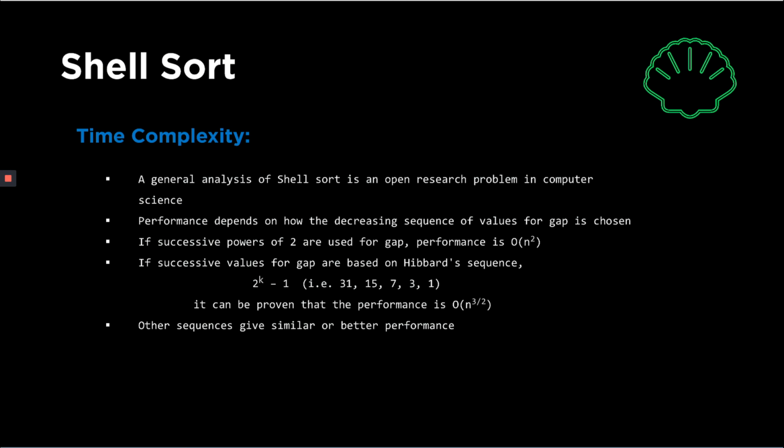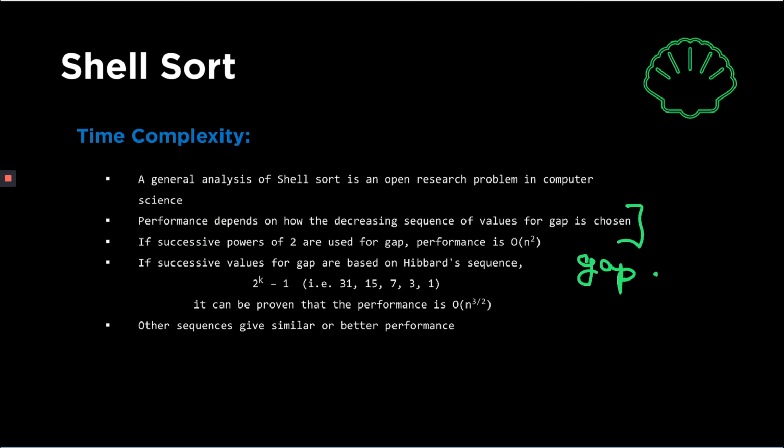The general analysis of shell sort is an open research problem in computer science. As I just discussed, the analysis depends on experimentation rather than theoretically proving some time complexity. The performance depends on how the decreasing sequence of gap values is chosen, so it depends on the function that we choose for the gap. If successive powers of 2 are used for the gap, then performance is O(n squared).